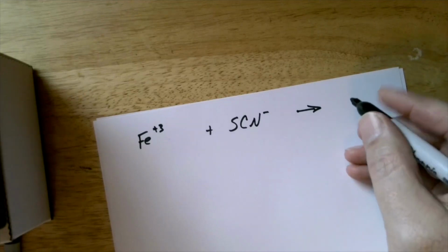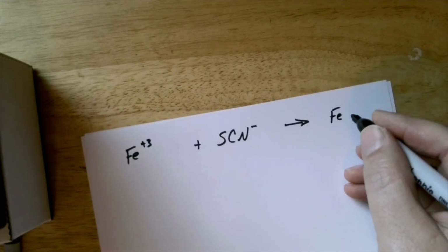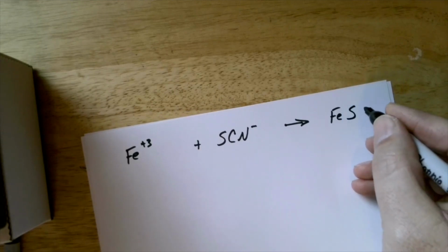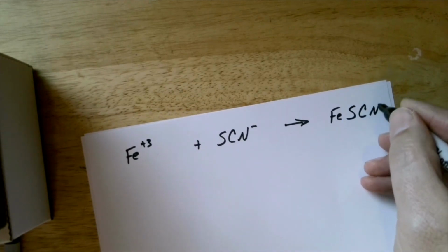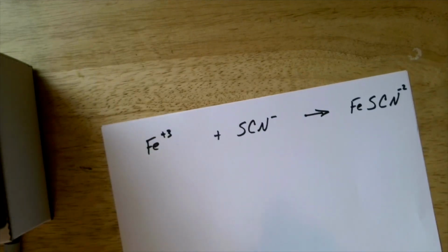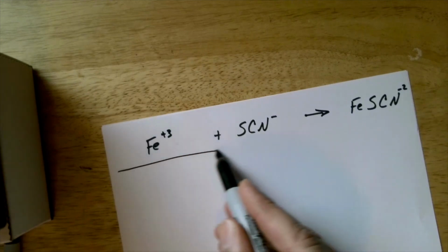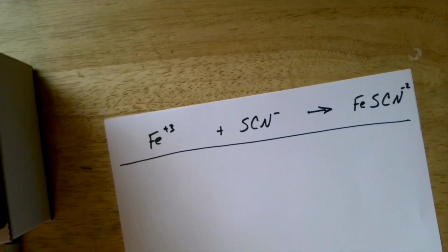And in doing so, it ends up producing this ion of iron thiocyanate, which has a -2 charge to it. Okay, so initially that was the reaction that had taken place here. So this is the main reaction occurring.